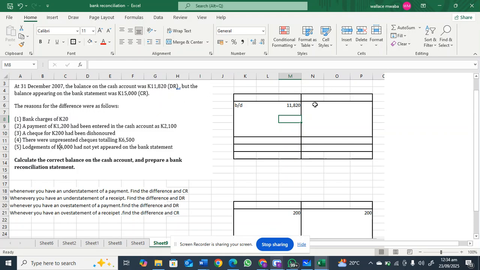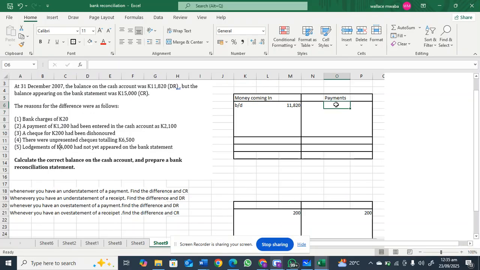All right, so remember, this cash account is an asset account. It increases with debit, reduces with credit. So any payments come on the credit side, and money coming in, or receipts, come on the debit side.